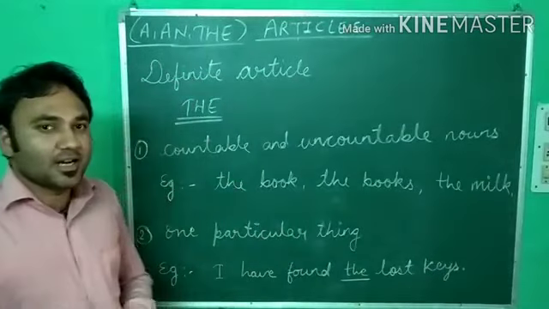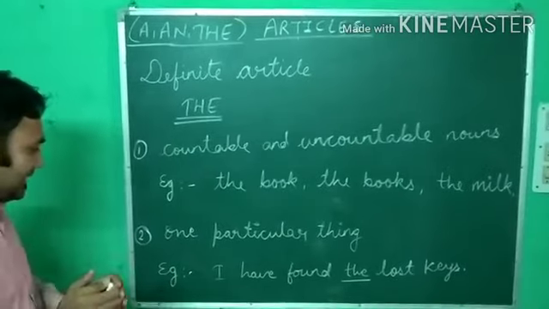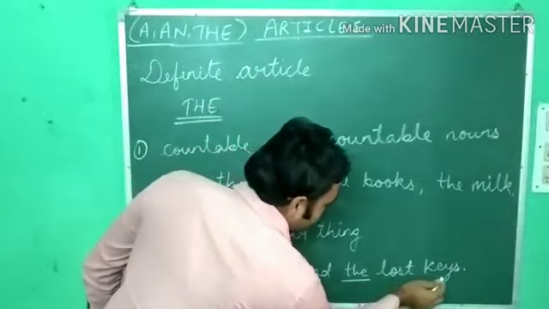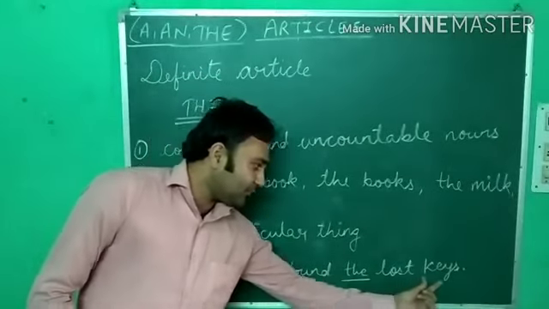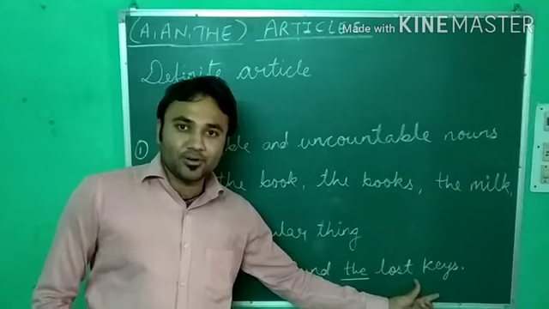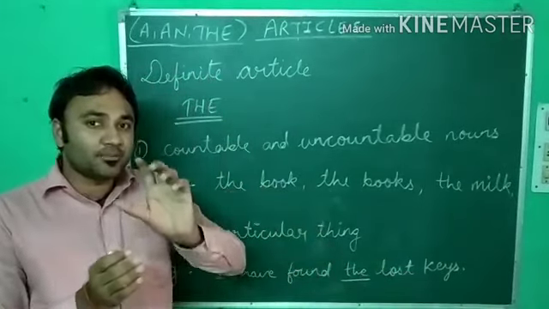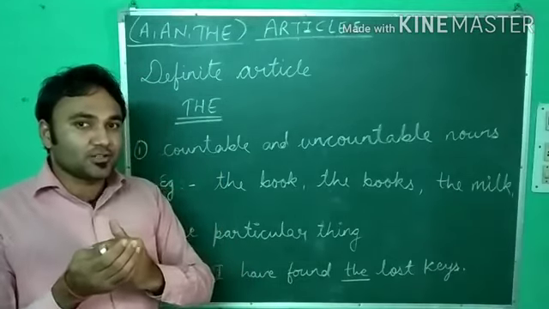We can use article the to talk about one particular thing. For example, I have found the lost keys. Here we have written article the before the lost keys because here in this sentence we are talking about a particular thing or particular keys which we have lost.